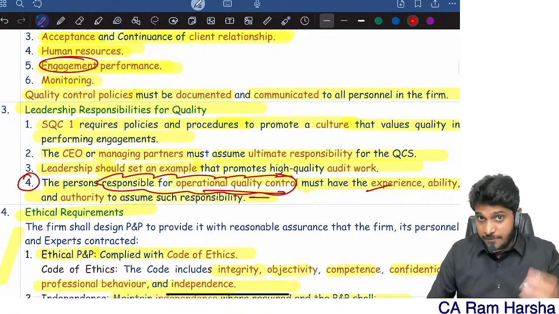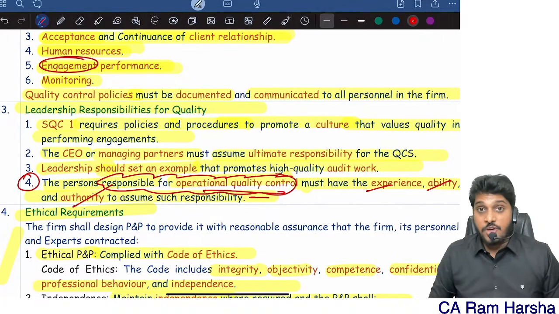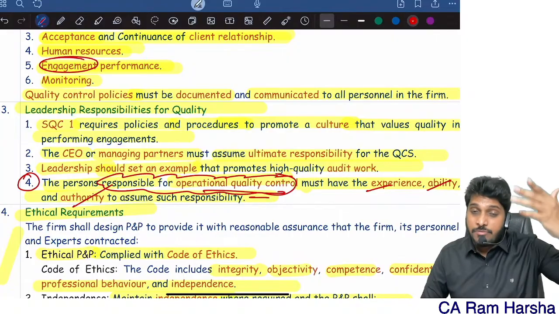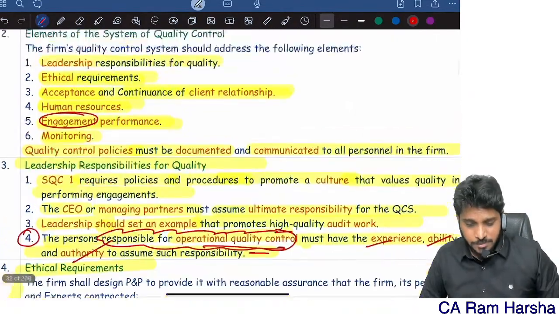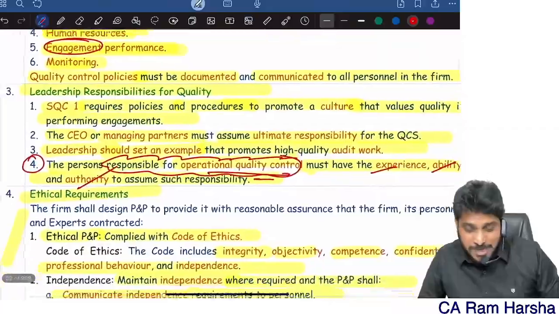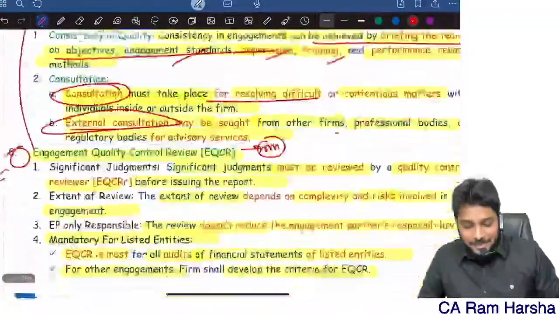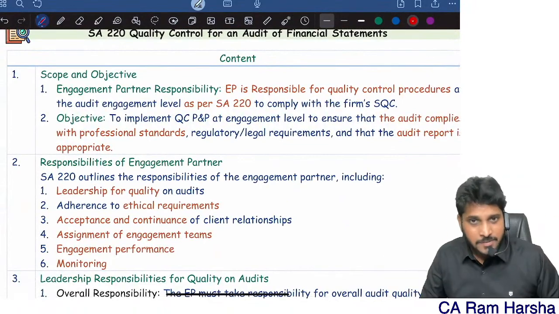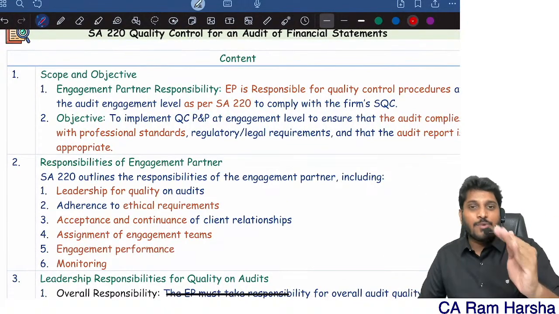They must have sufficient experience, sufficient ability, and sufficient authority, so that they can develop policies and procedures in light of various standards on auditing. That's it. So this is also a bit advanced standard. It's not that easy because it requires in-depth discussion, but since it's a revision, we can't cover all that. Basically, whatever is required I covered.